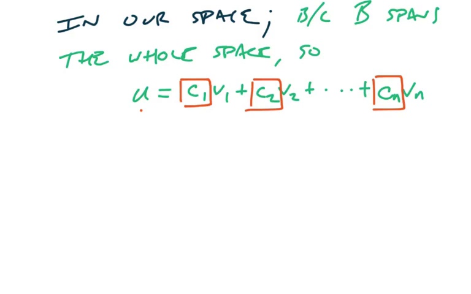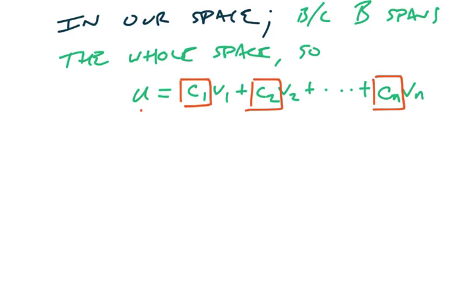That means that they're pairwise orthogonal. So v1 is orthogonal to v2, v1 is orthogonal to v3, v1 is orthogonal to all the other v's, and v2 is orthogonal to v3, v2 is orthogonal to v4, v37 is orthogonal to v38, and so on, right? They're all pairwise orthogonal. So we're going to use that to our advantage.